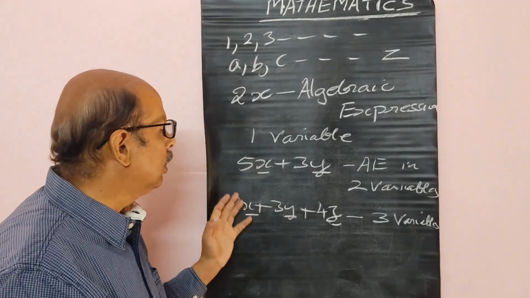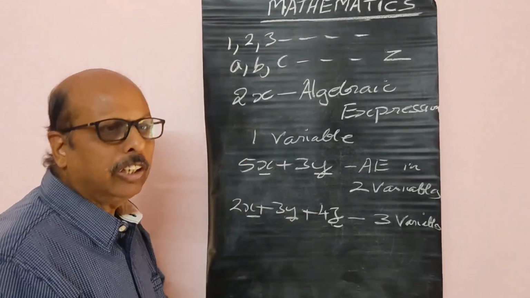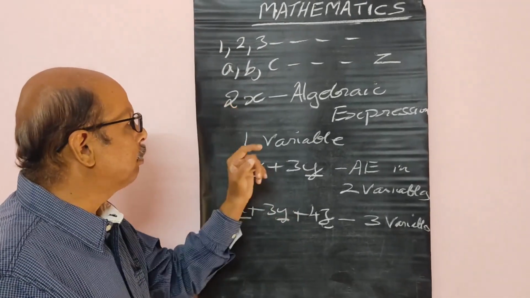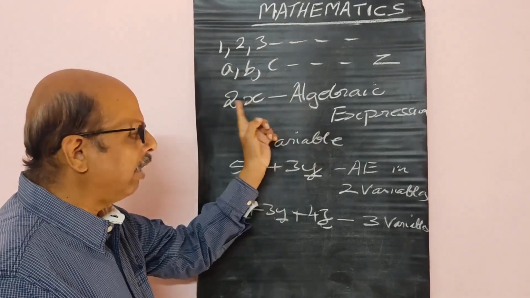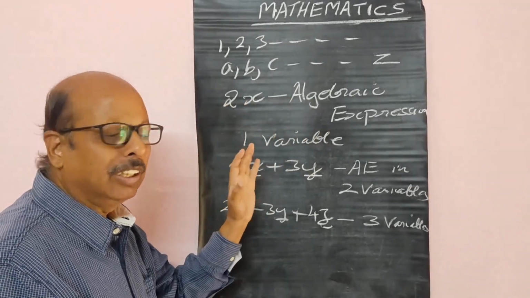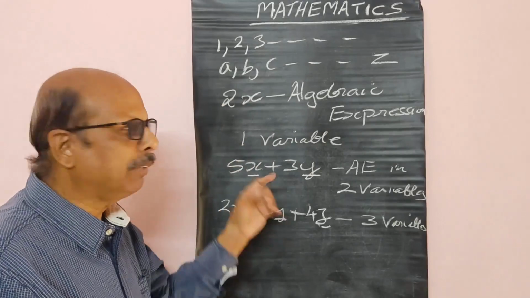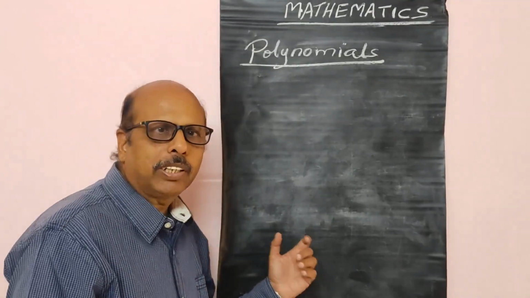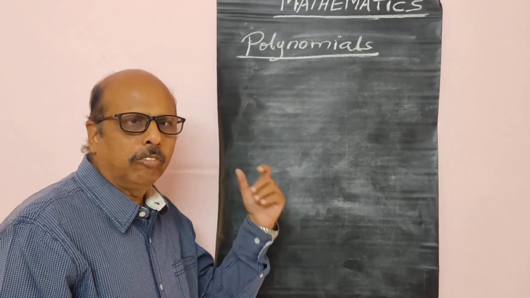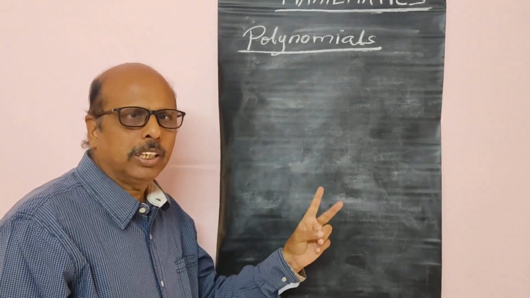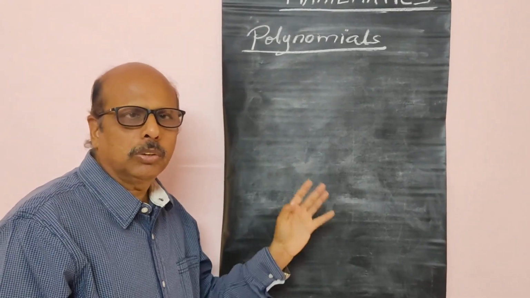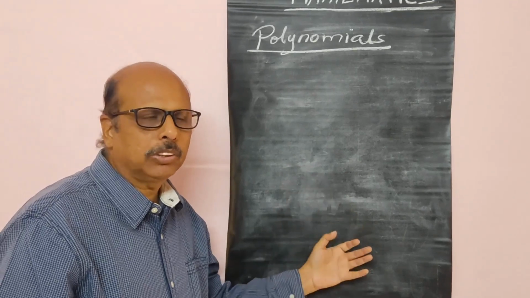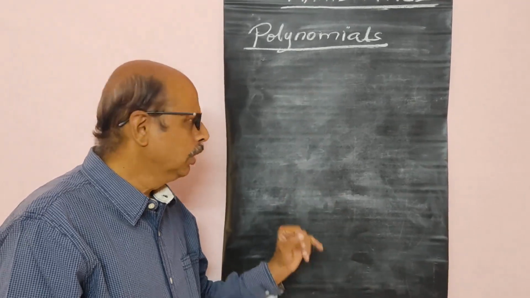Now when we come to a polynomial, an algebraic expression, if it is expressed only in one variable with a particular order, then we call it a polynomial. Let me give you an example. An algebraic expression can have one term, two terms, three terms, and so on.